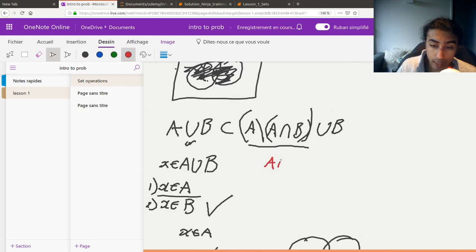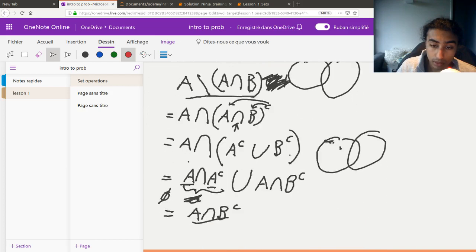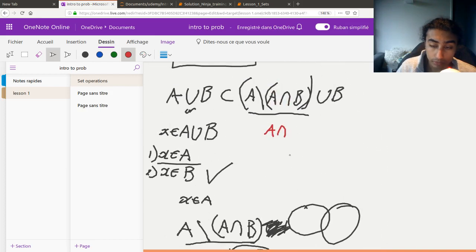It was A intersect B complement, or B. And now it immediately follows, because if we have an element in A, that means it has to be in this.